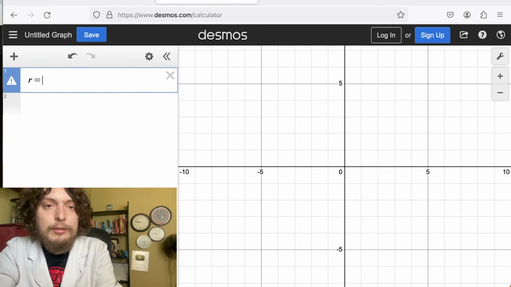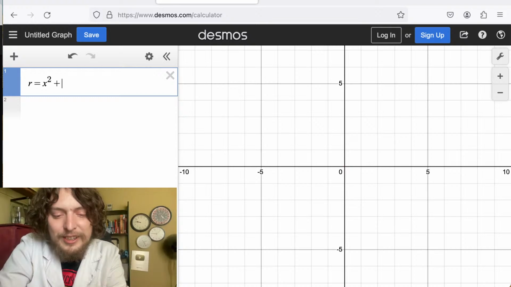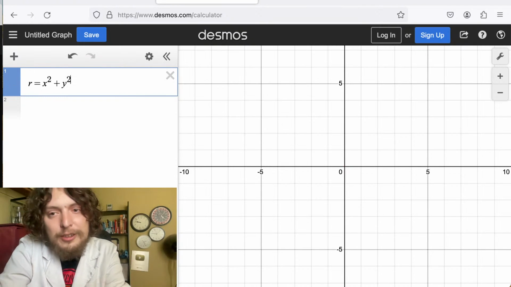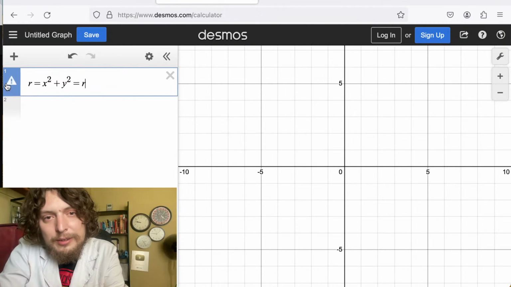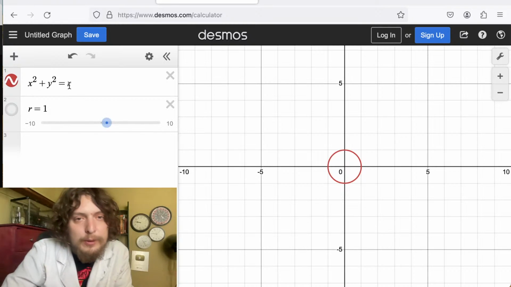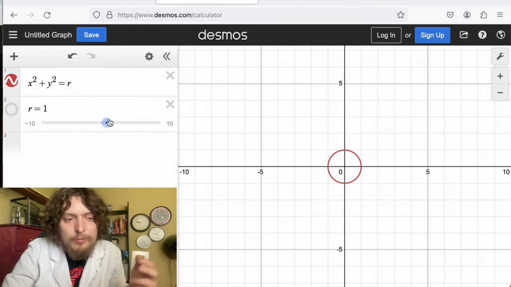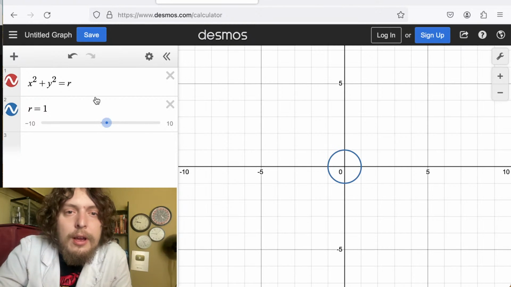Here, I think it's fine that the equal sign's on here. I don't think it cares in the 2D version. Oh, it does care. That's weird. Now it lets me do the slider. It cares that the equal sign's on the right. That's weird. Now, here the radius is 1.